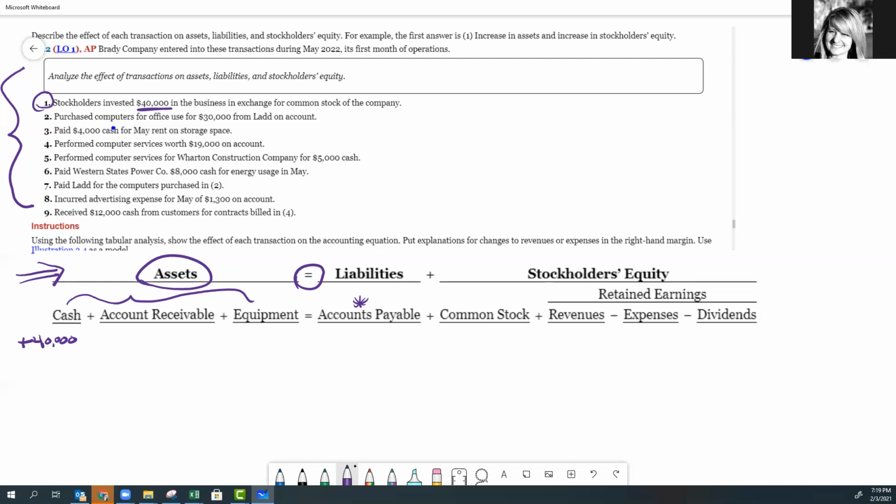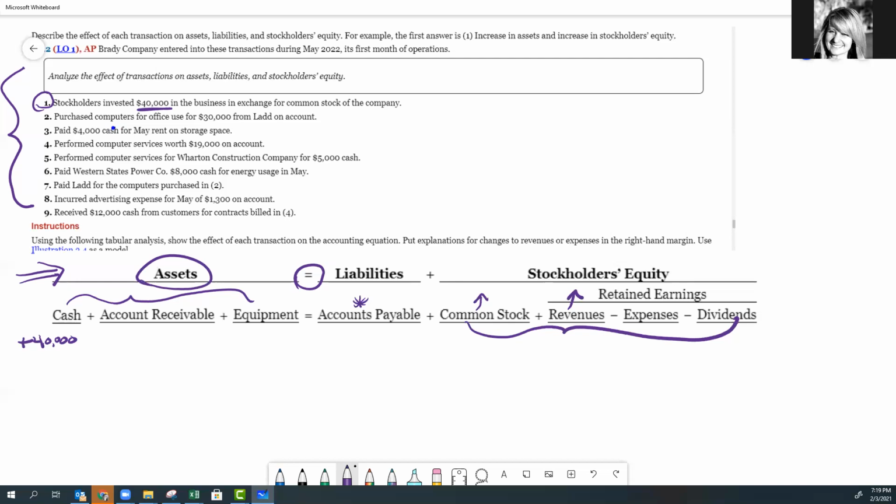And remember that in our stockholders' equity, we are going to have 4 different types of accounts. So we are going to have common stock. And when common stock goes up, we know that owner's equity goes up. We're going to have revenues. When revenues go up, owner's equity goes up. And expenses.